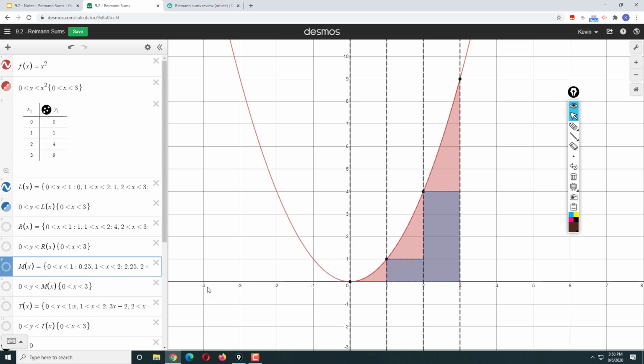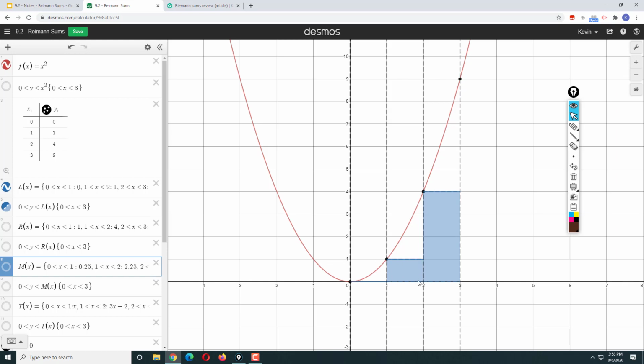From x equals 0 to x equals 1, I use a rectangle with a height equal to my function on the left. So from 0 to 1, I use f of 0, which is equal to 0.